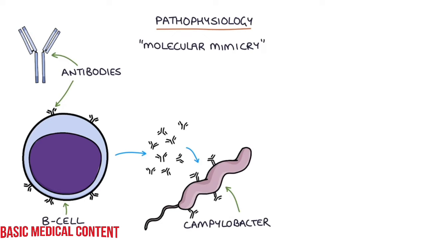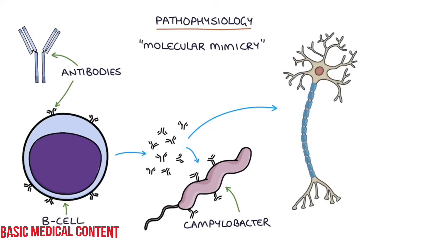And these antibodies also match proteins on the nerve cells. They may target proteins on the myelin sheath of the motor nerve or on the nerve axon itself. And this damage to the nerve cells, because of these antibodies against the nerve cells, creates the neuropathy and the symptoms.